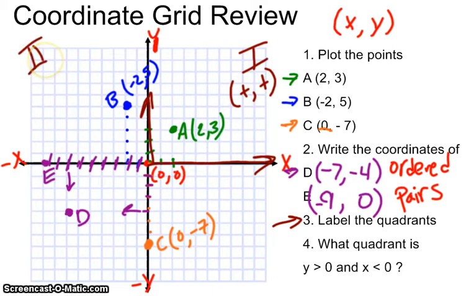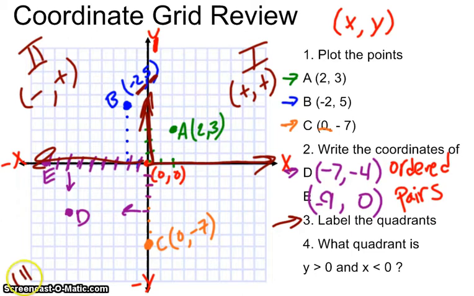Moving to the left, we've got quadrant 2 with a Roman numeral II. In that quadrant, our x values are negative, and our y values, just like before, are still positive. So any point in this quadrant, kind of like B, will have a negative x coordinate and a positive y coordinate, just like B with -2, 5.